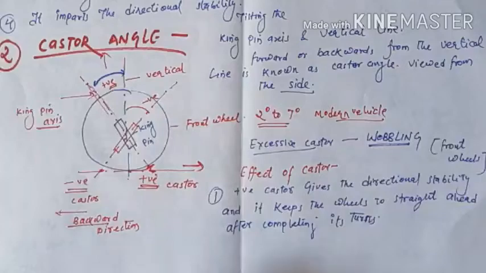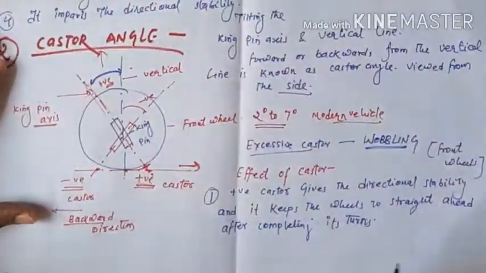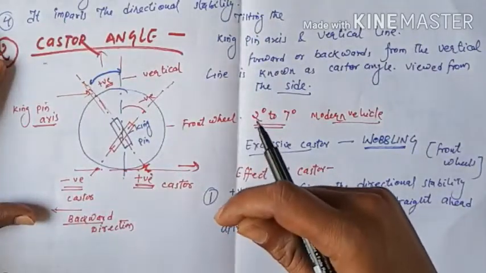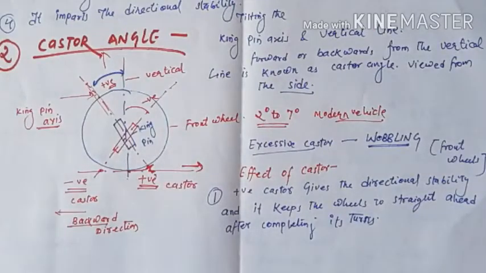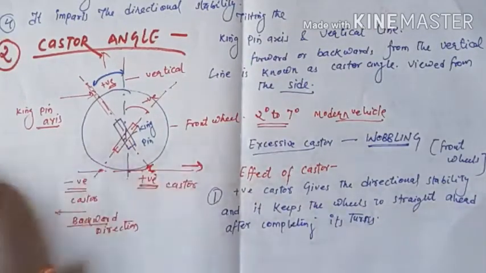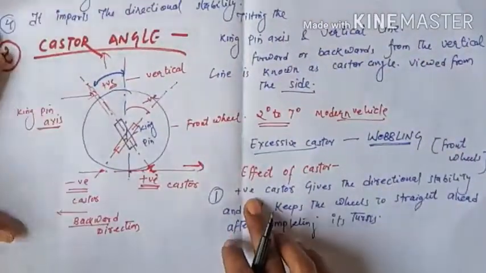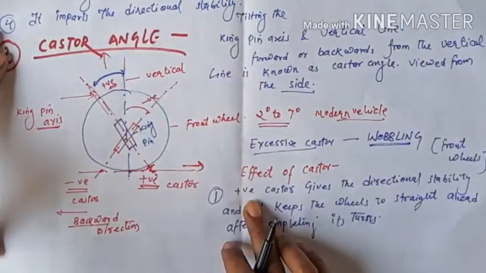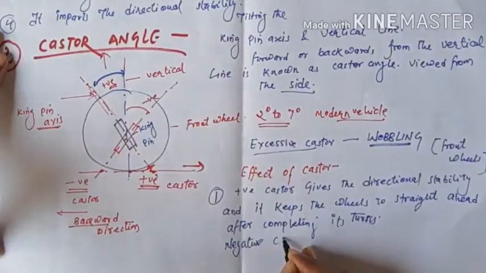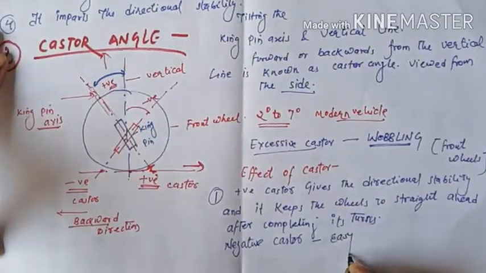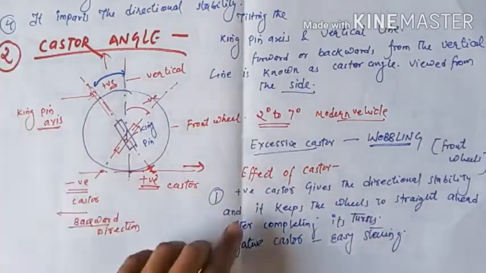After we make any turns, that means we rotate our wheel, and if we just leave it, then it continuously regains its original stability and position. So this is because of the positive caster, and because of the negative caster, we have easy steering. So this is your first effect of caster.